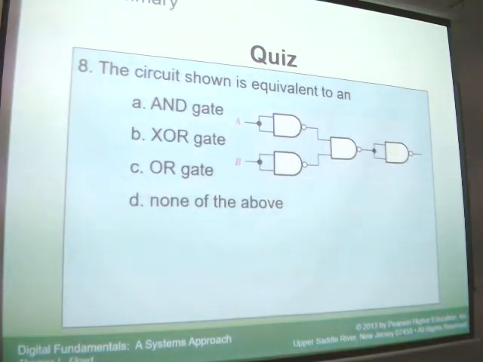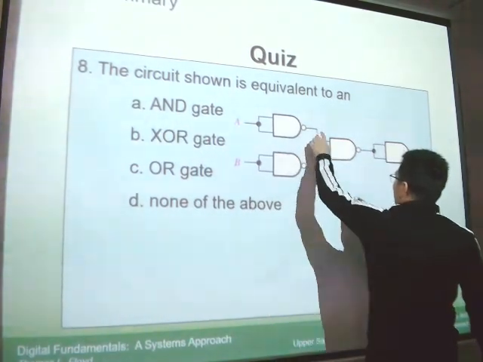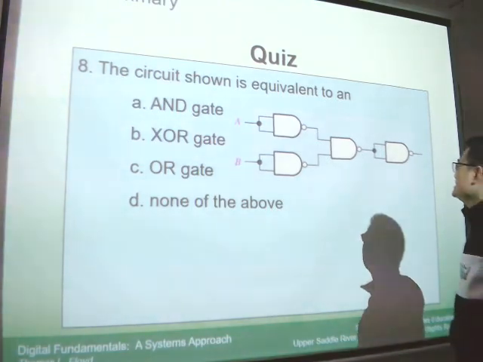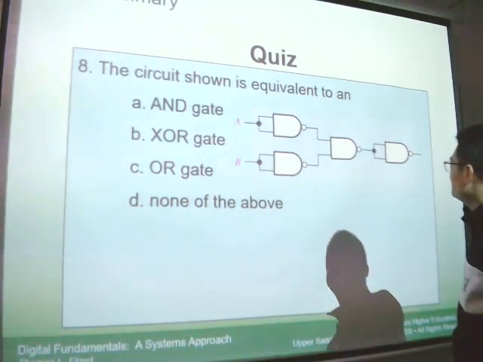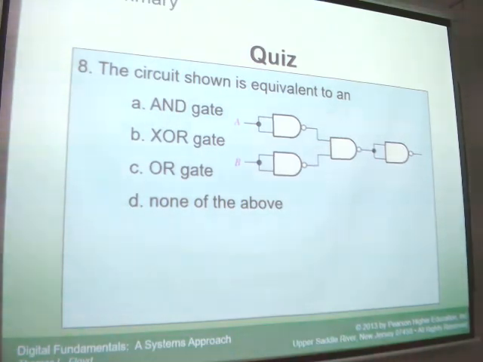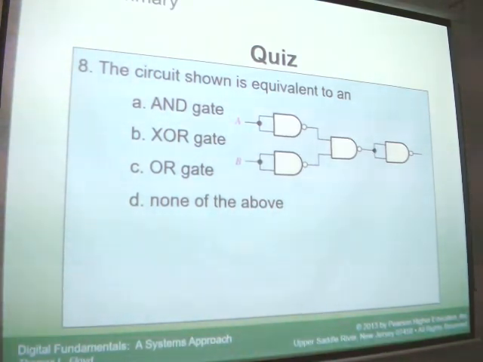Question 8. The circuit shown is equivalent to which option? So, A1, B1 go through an OR gate. It's an OR gate, A bar, B bar, and then again a bar on top.